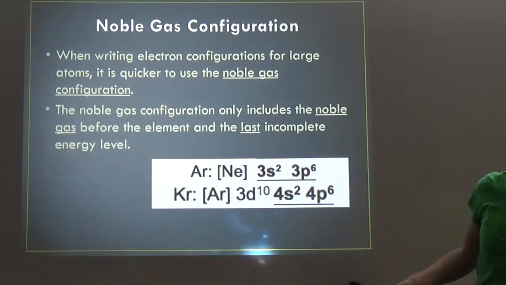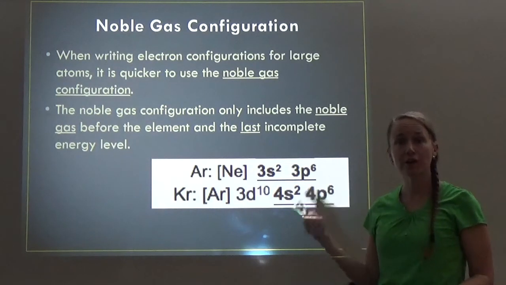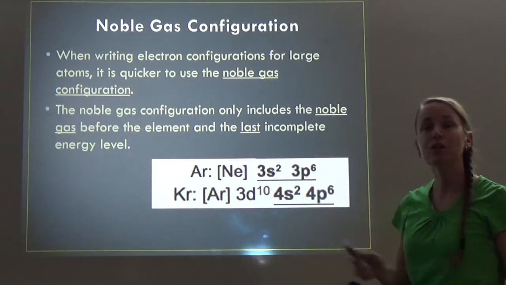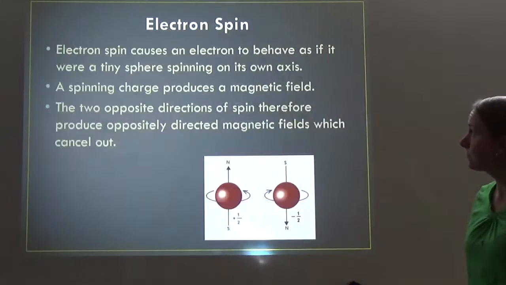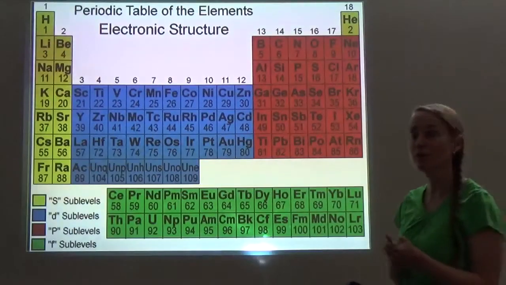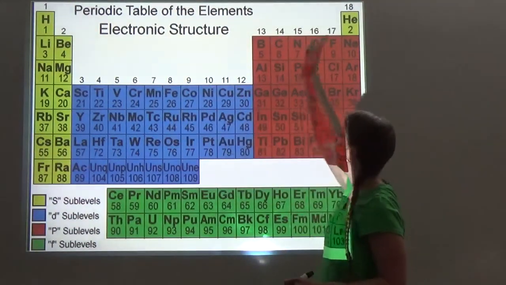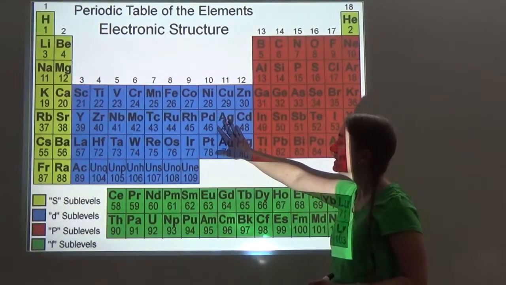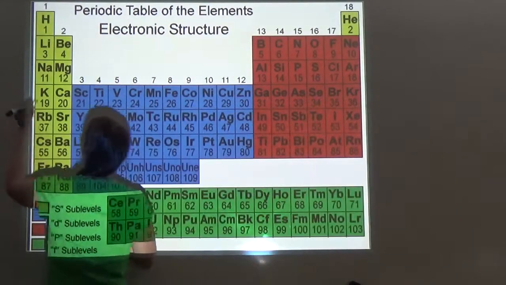All right, so again, to keep it easy, I'm going to use my packet to see what the questions are on the next slides so that I can go back to that periodic table and label it for you. If you don't have a periodic table labeled from the previous video, please make sure you do. S is the yellow, P is the red, D is the blue, and green is the F orbitals, or F sublevels.